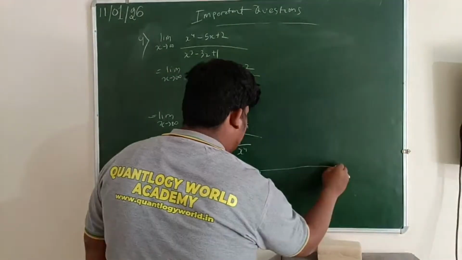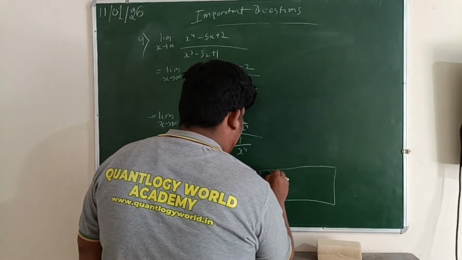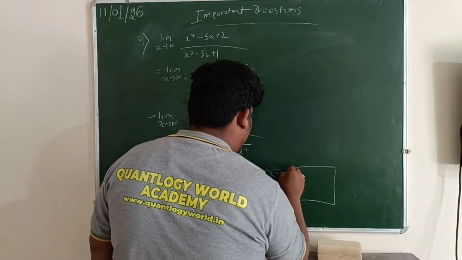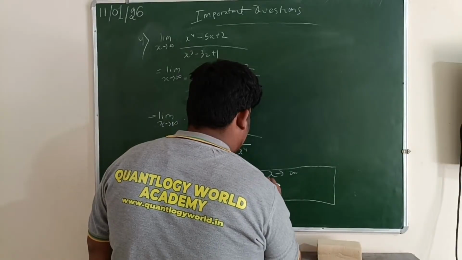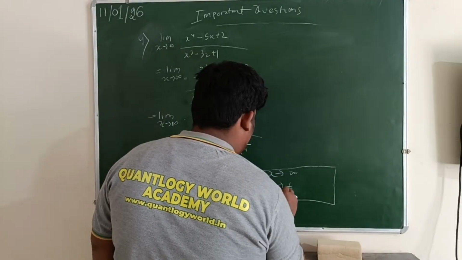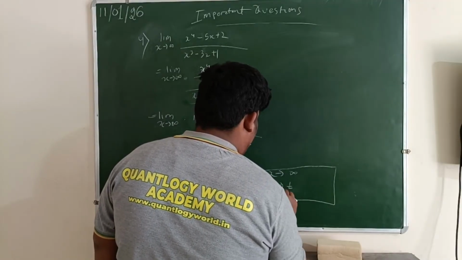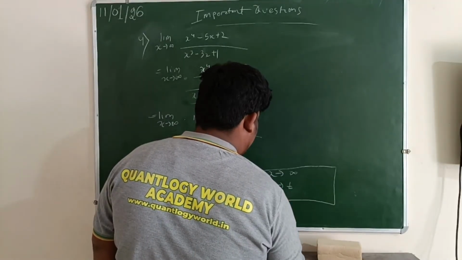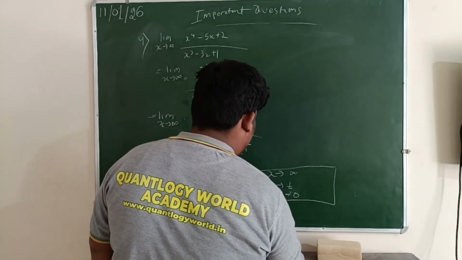Now inside the box we'll write x tends to infinite, so 1 by x tends to 1 by infinite, so 1 by x tends to 0.